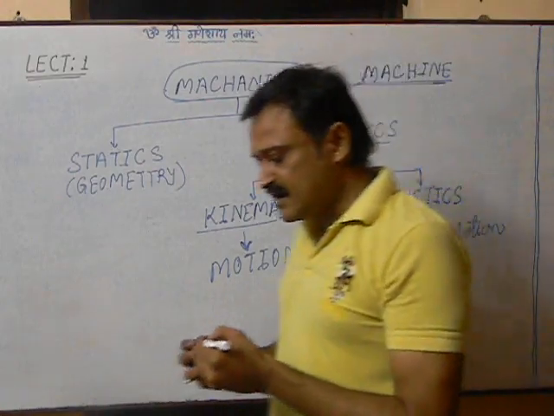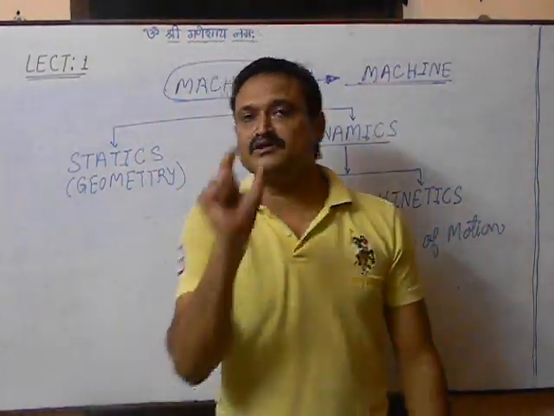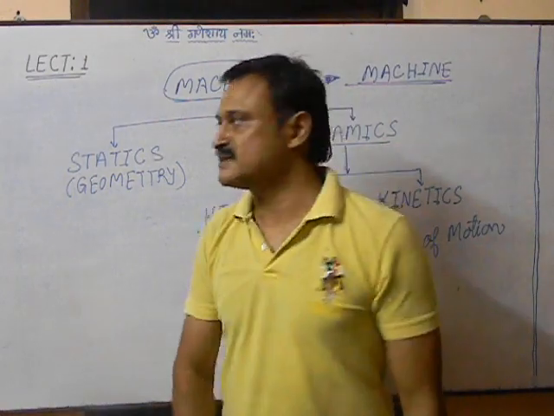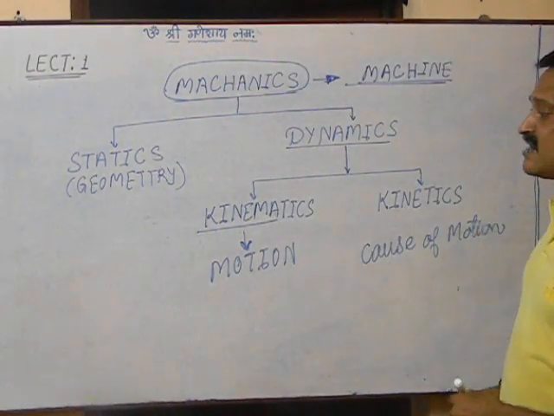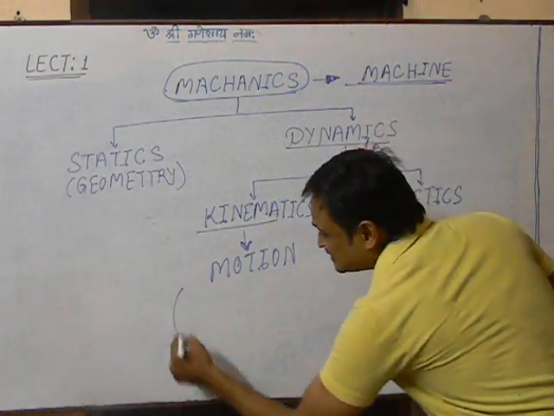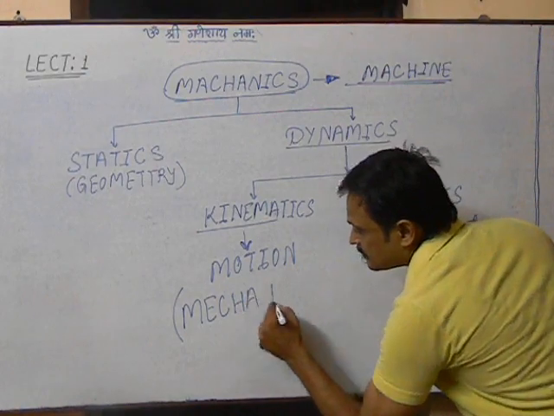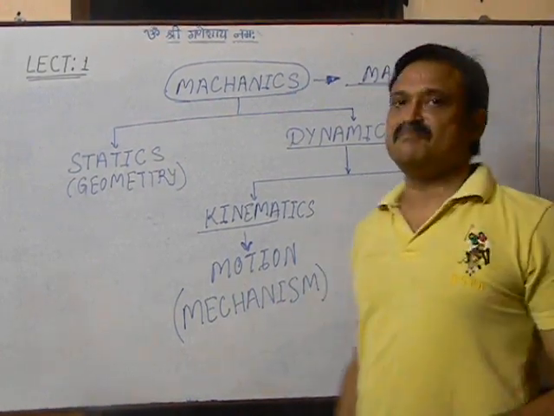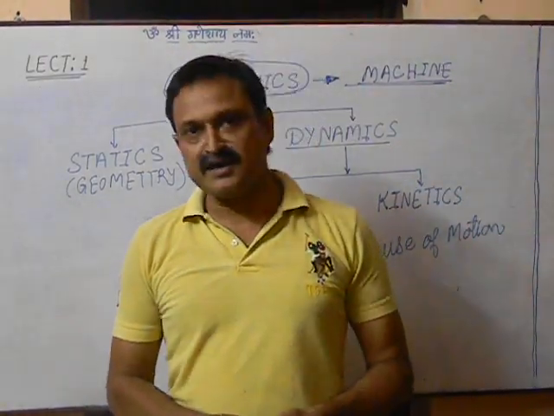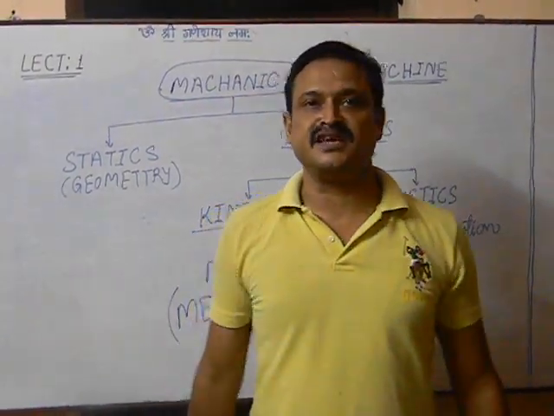Now earlier I have used one term, which is machine. The other term which I have used is mechanism. Then what is a mechanism? Certainly a machine will definitely have various mechanisms involved in it.